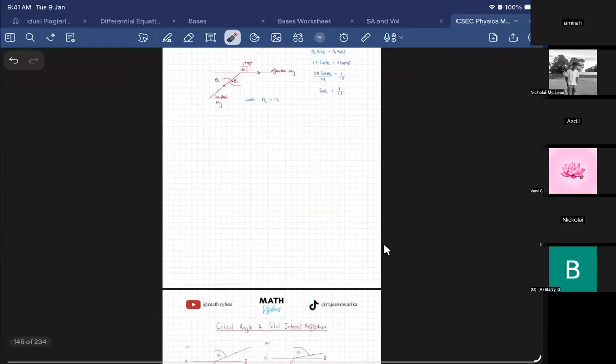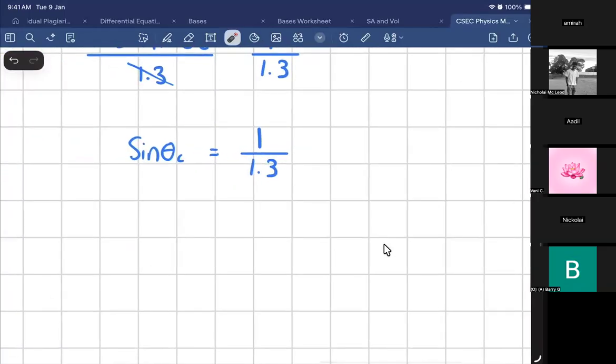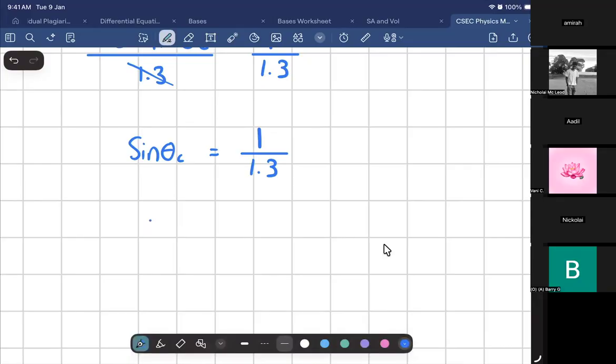Anytime you find an angle, you need to use sine inverse, or cos inverse or tan inverse, but in this case we're strictly looking at sine, so sine inverse. So theta c would be equal to sine inverse of 1 over 1.3. Plug that into your calculator and you'll figure out the critical angle.